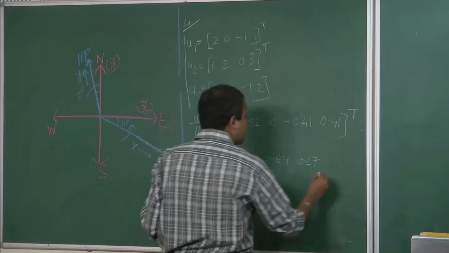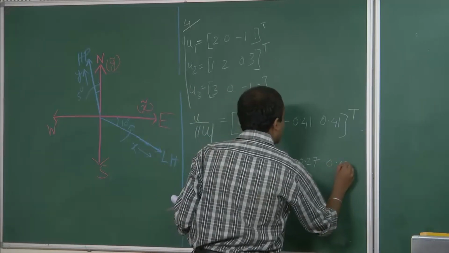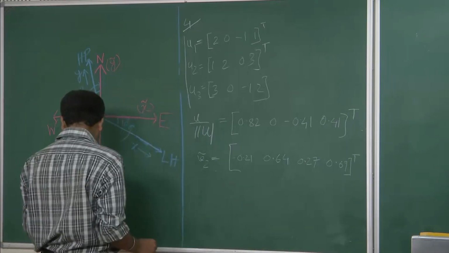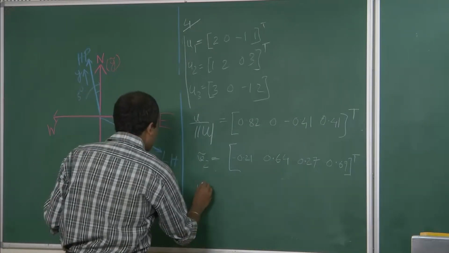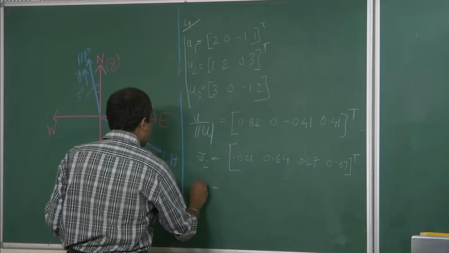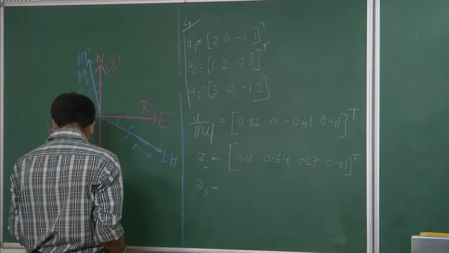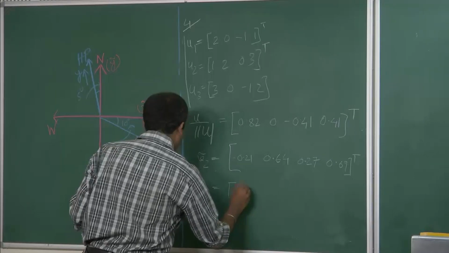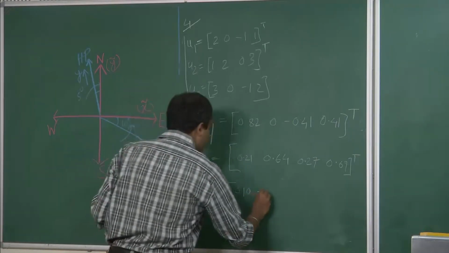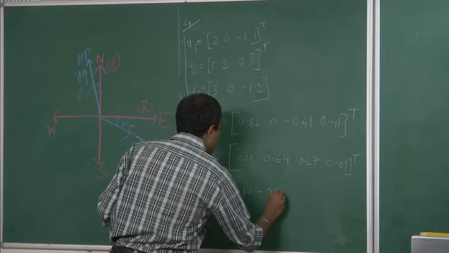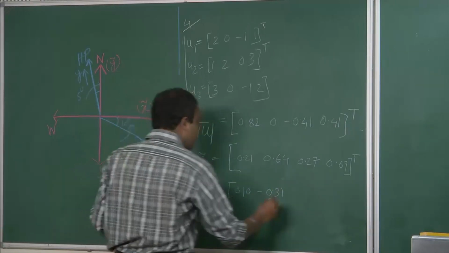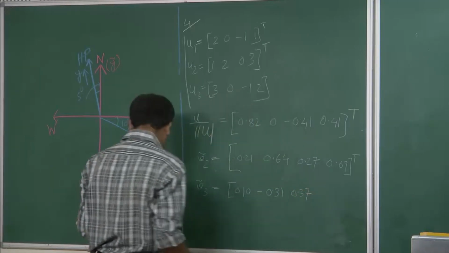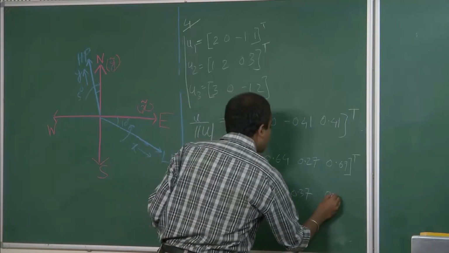Into 7, 0.69. Okay. So, for V3 we find 0.10, negative 0.31, 0.37, 0.17.